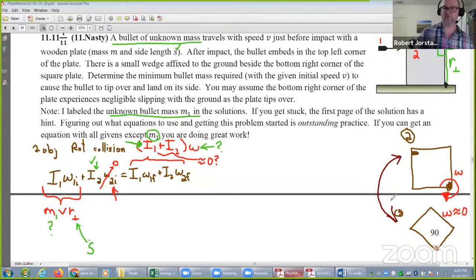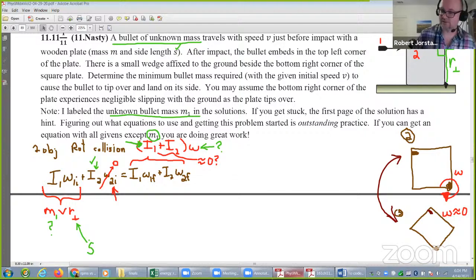Should I use angular momentum? There's a bullet in there too, right? How do I compare stages 2 and 3?